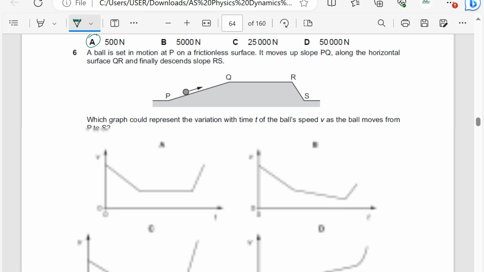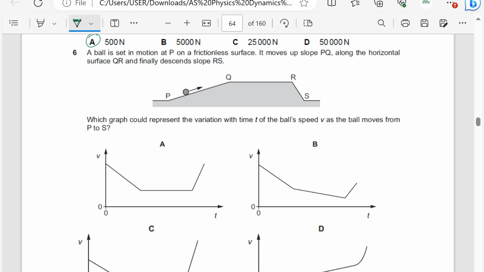A ball is set in motion at P on a frictionless surface. It moves up slope PQ along the horizontal surface QR and finally descends slope RS. It is a frictionless surface. If P and S are on the same horizontal level, it means the work done to move from P to Q is the same as the work done along RS.